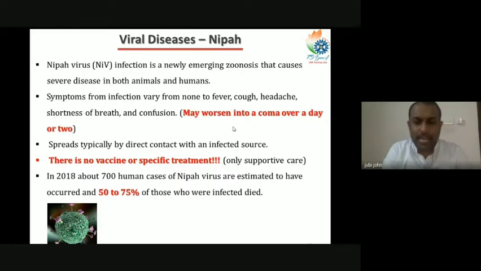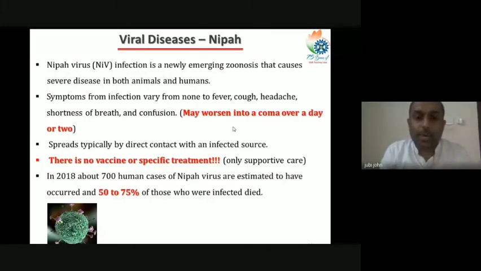The problem is that in some people it will show symptoms as a normal fever. In the first case that was reported in Kozhikode, the doctor was very well informed. He had read about Nipah virus infection 2 weeks before he treated that first patient.